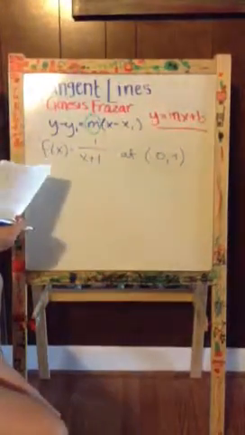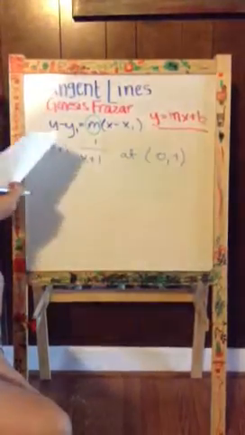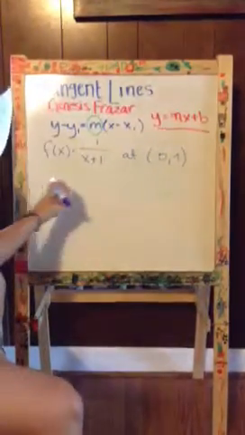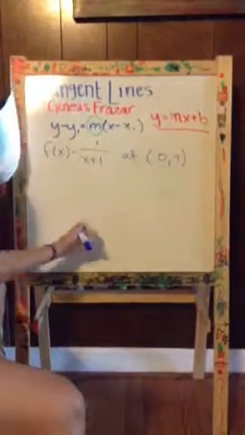And right here, we will find the derivative of f of x equals 1 over x plus 1.